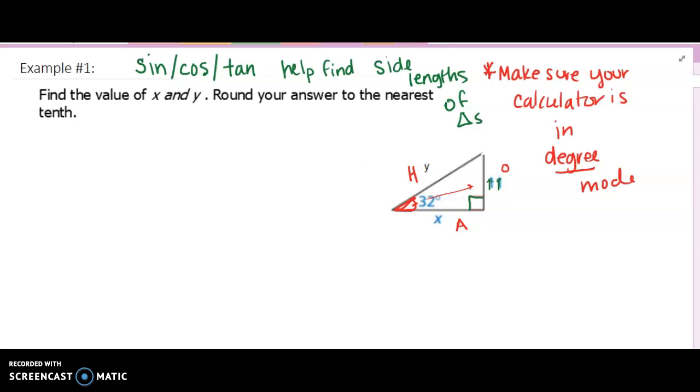Okay, and let's say I want to solve for x first. It doesn't matter. Okay, so x is right down here, and we know x is the adjacent side. My opposite side is 11, which is the side that we know. So I want to look at SOHCAHTOA.